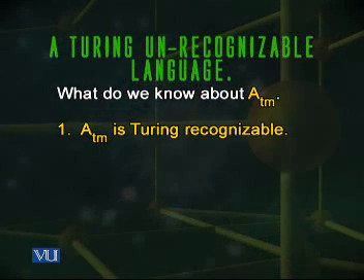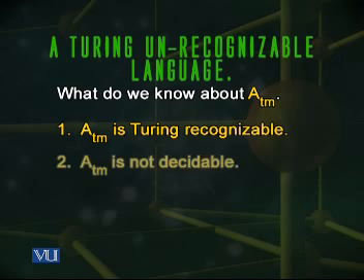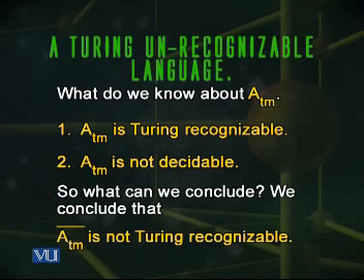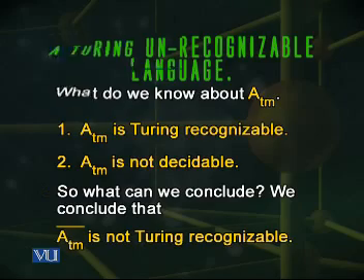Let's go back to the halting problem and look at it from the point of view of this theorem. We know that ATM is Turing recognizable. The second thing we know about ATM is that it's not decidable. So what can we conclude using this theorem? We conclude that the complement of ATM is not Turing recognizable.